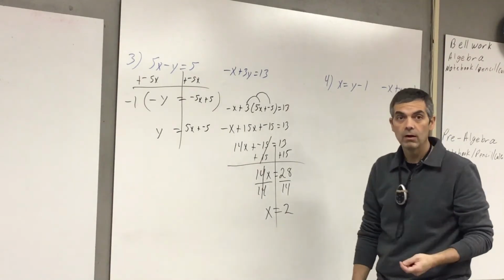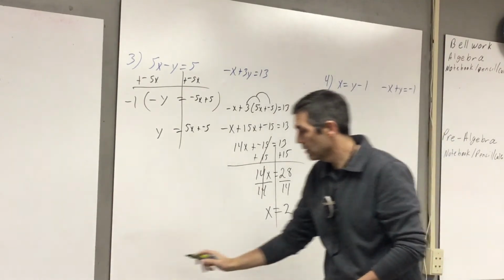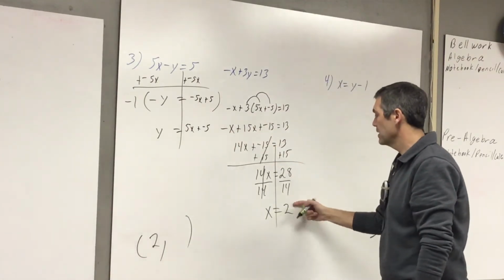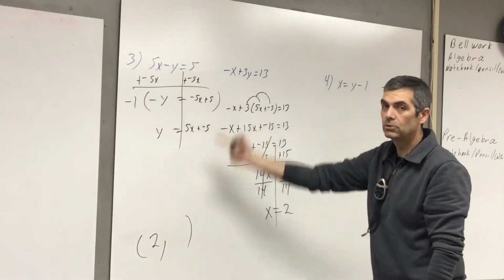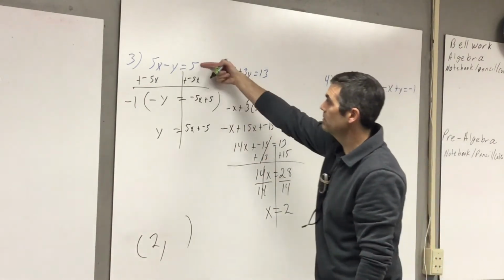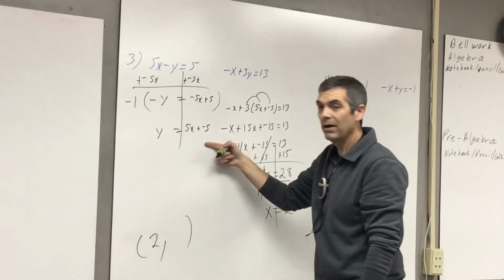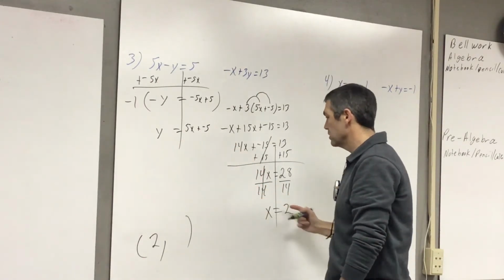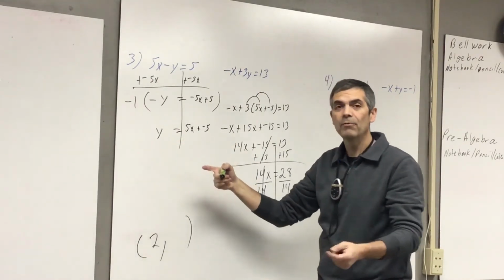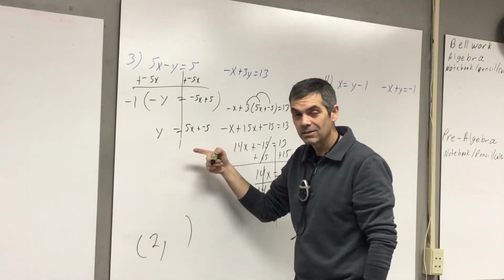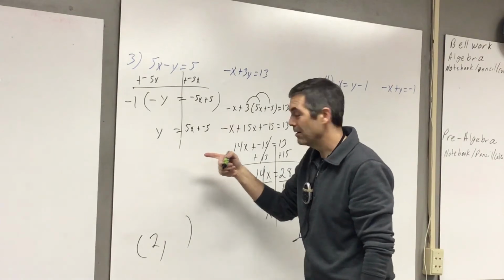Okay, so now we have our x. Again, we want our ordered pair, 2, comma. Now I'm going to take this 2, and I'm going to substitute it back in, right? Now I can substitute it back into this, but I've already got it solved for y here. So I'm actually going to take it into this. Now be careful with this because if you didn't solve this correctly, it's going to cause you problems, all right?